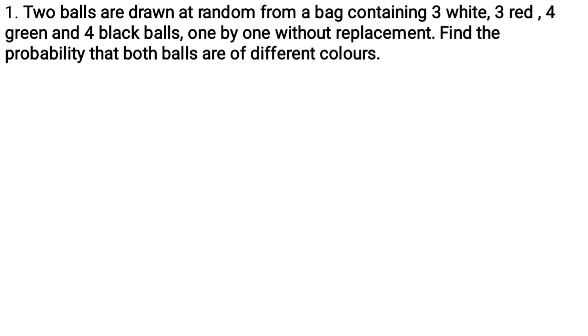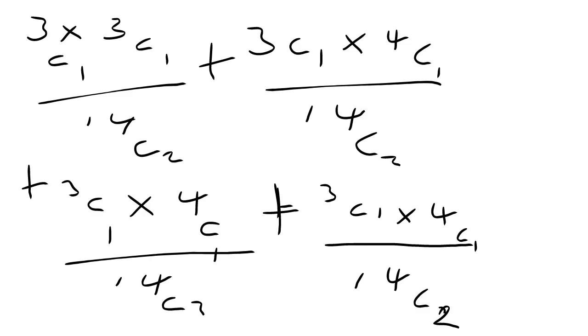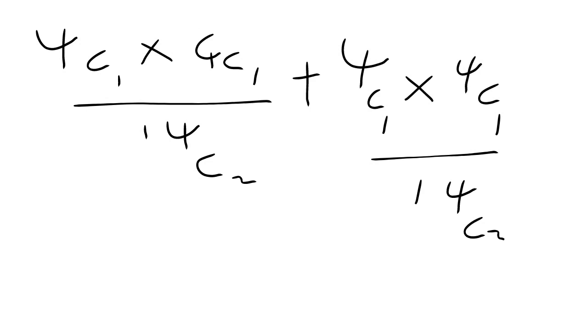So let's now put the probabilities in this formula that we have. We are going to have these probabilities. Then the other probability that we are going to have is this one.